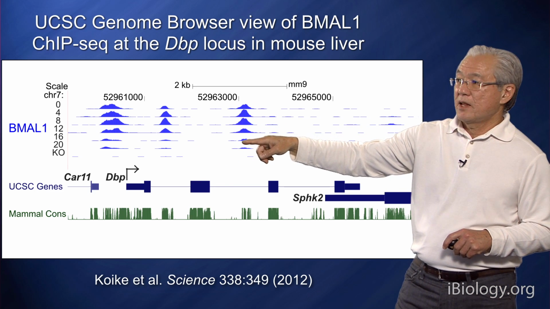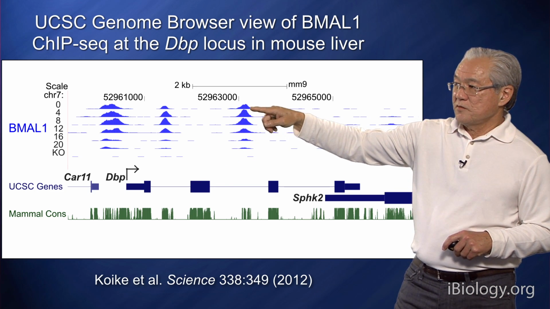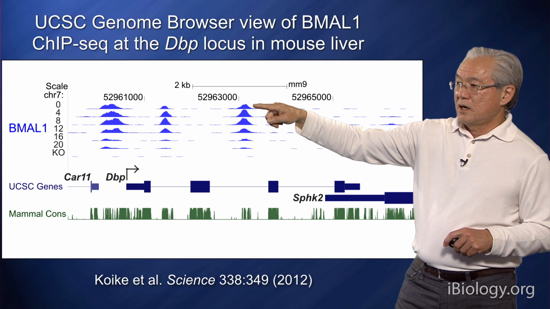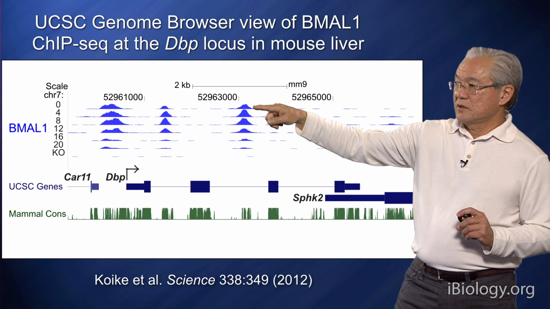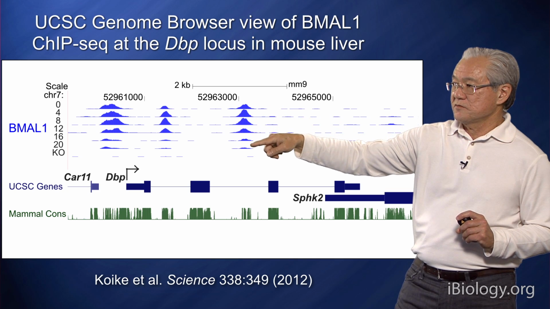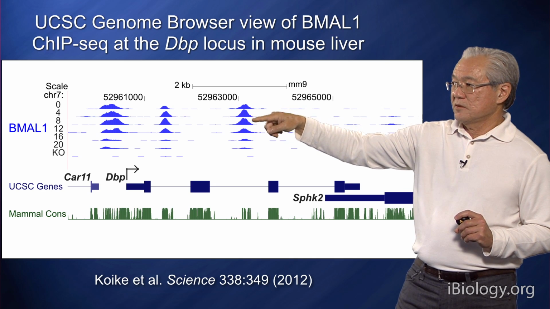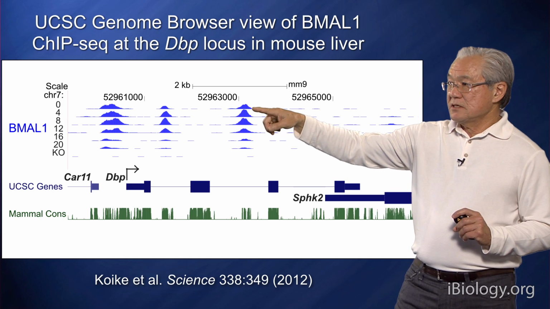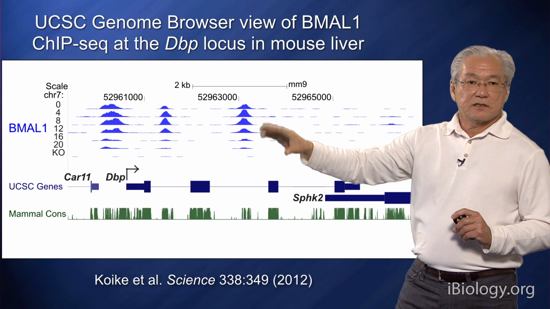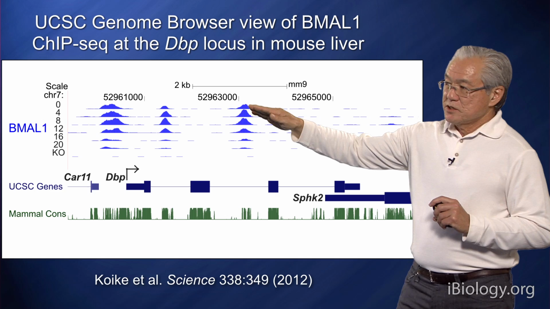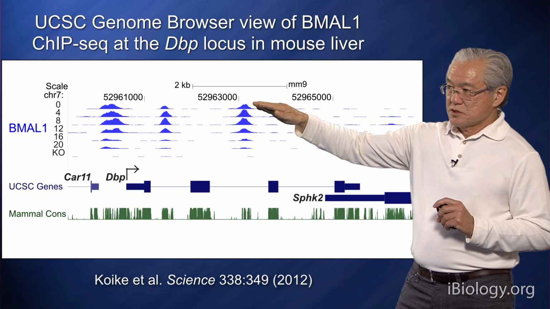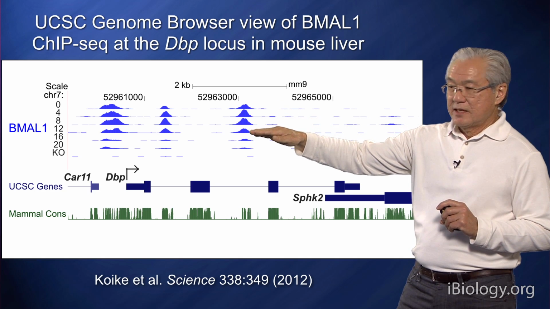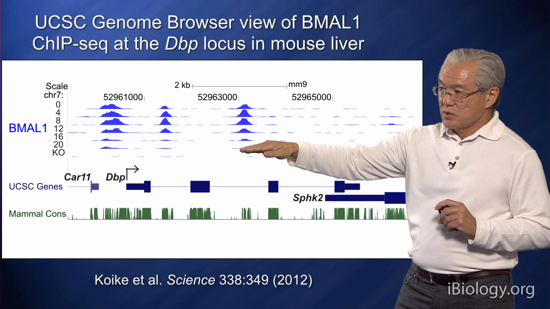Each of these profiles, shown in blue, are ChIP-seq profiles for BMAL1 DNA binding taken at 6 different times of day: 0, 4, 8, 12, 16, and 20. And what you can see is the amount of binding is dynamic and changes through the day. It's high between 0 and 12, and it's low at 16 and 20.